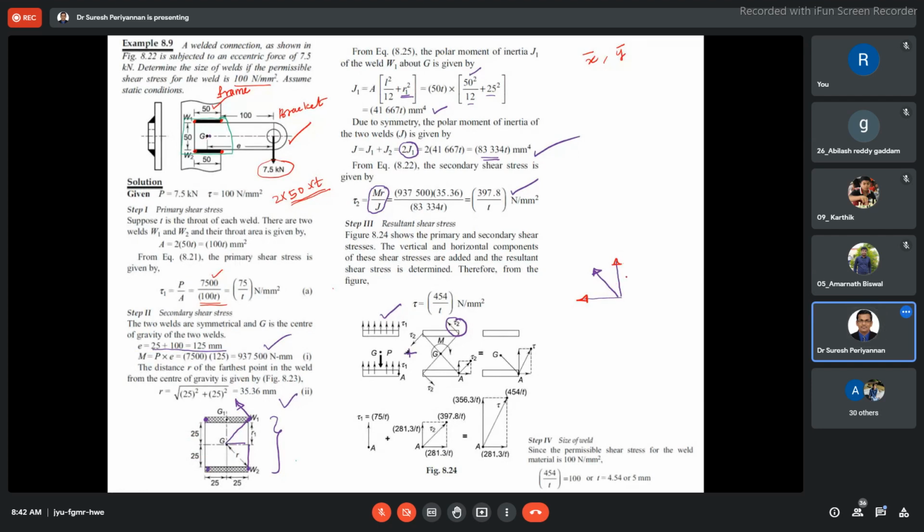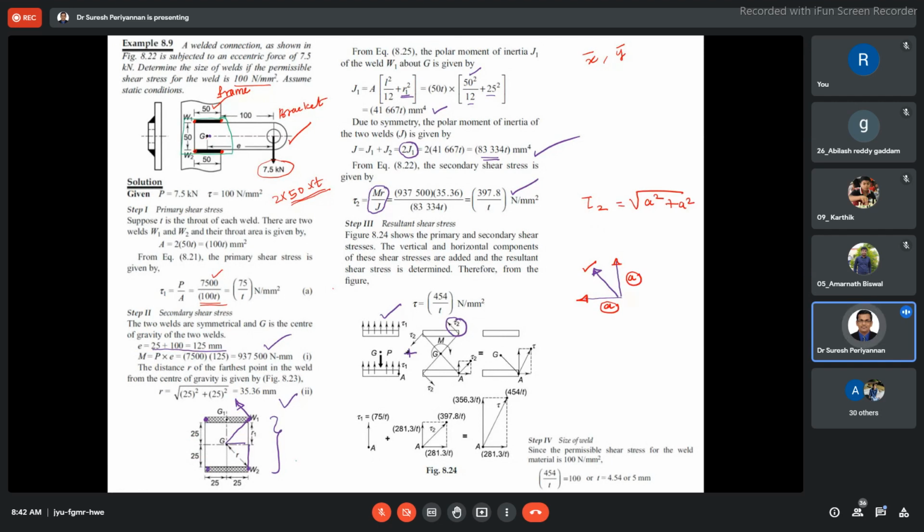Hence I can consider this as A, and this as A. Then we know very well that tau 2 is equal to the square root of A squared plus A squared. Now what is my A? Find out A. These two horizontal and vertical components we know.